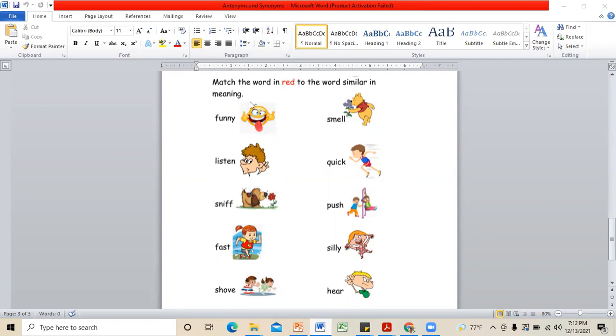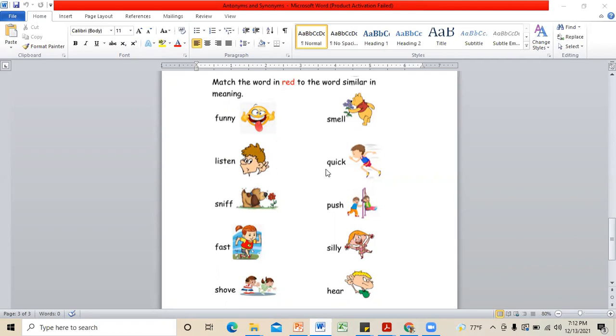So the first word is funny. You can see there is some person who has made a different face to look funny, right? So what we mean by funny is when we look at that particular person or thing, we will laugh, right? Or we will be laughing looking at this kind of funny people.